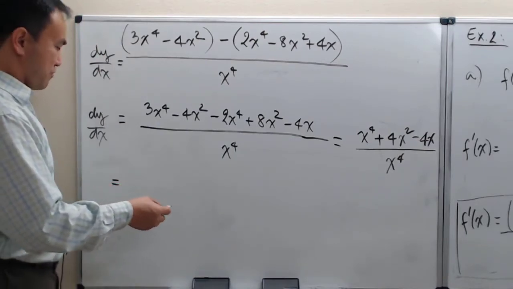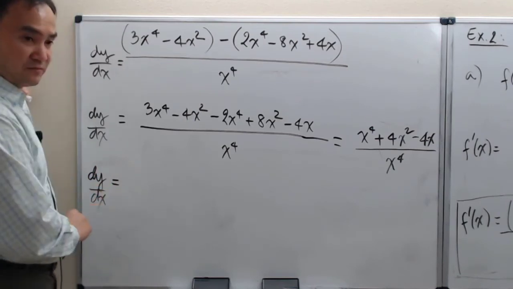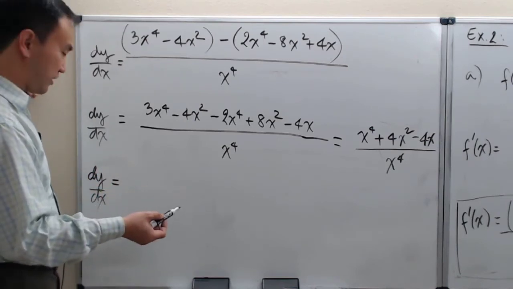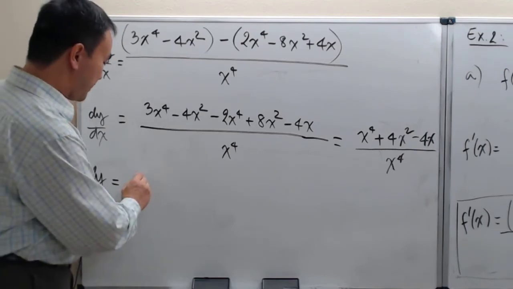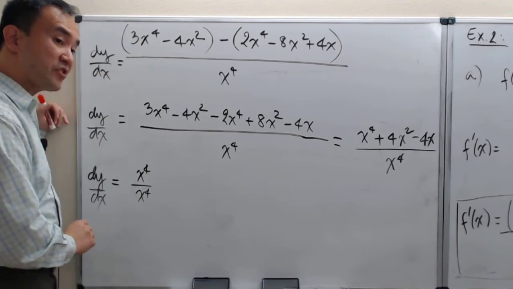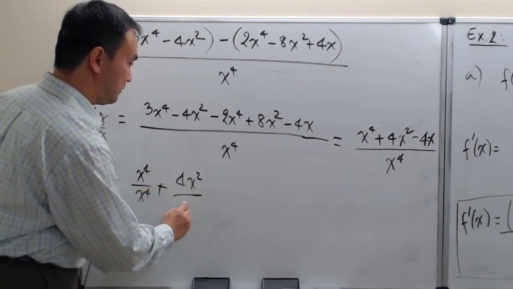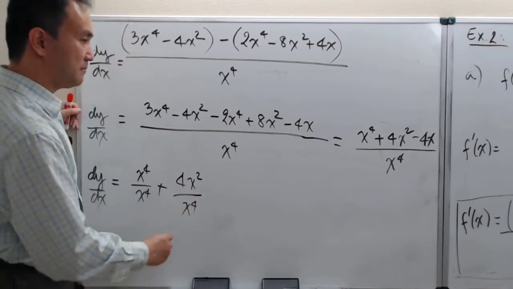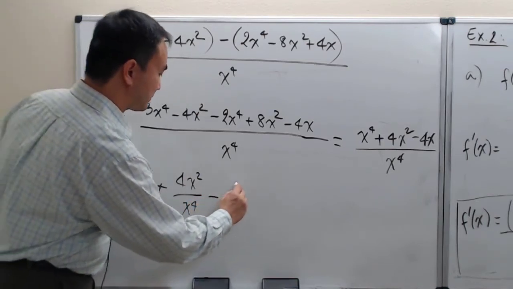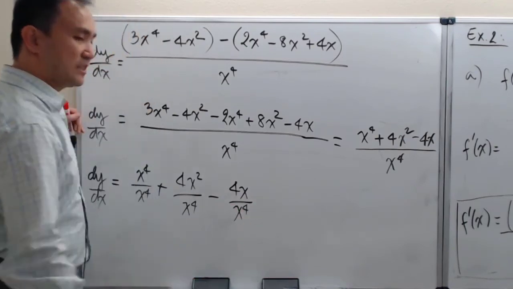And so, to make the answer look like the answer we found earlier in the earlier solution, we can break this down to x to the fourth over x to the fourth, doing the partial fraction thing, plus 4x squared over x to the fourth, and minus 4x over x to the fourth.